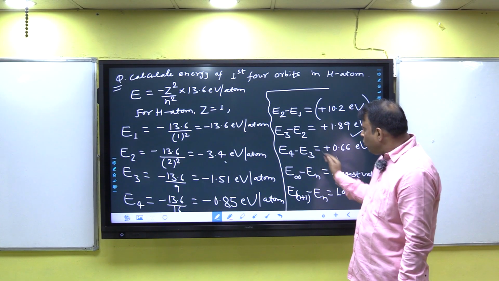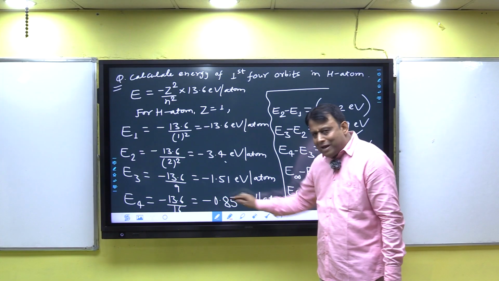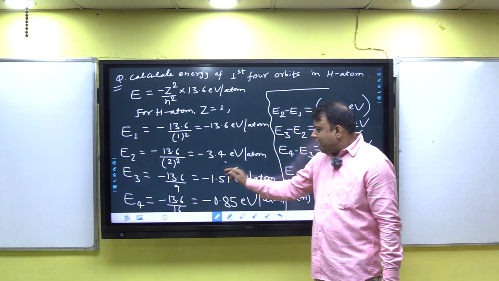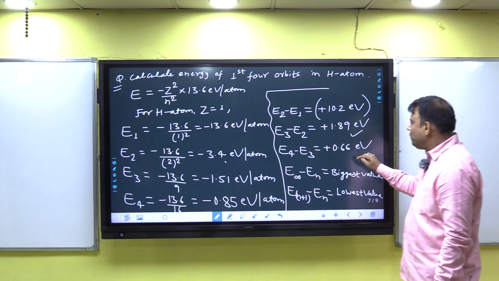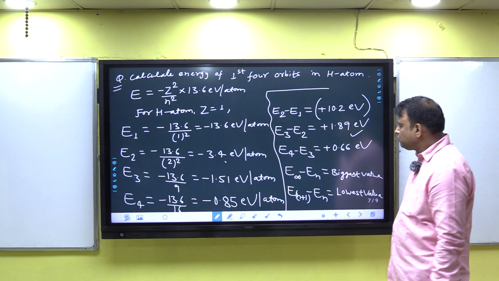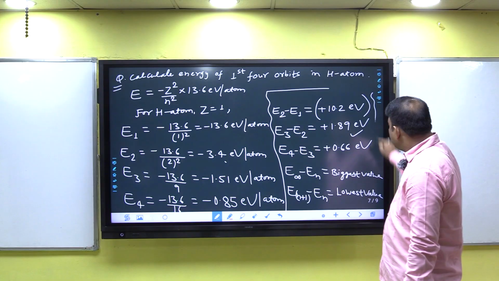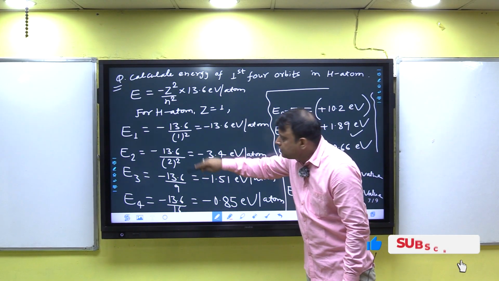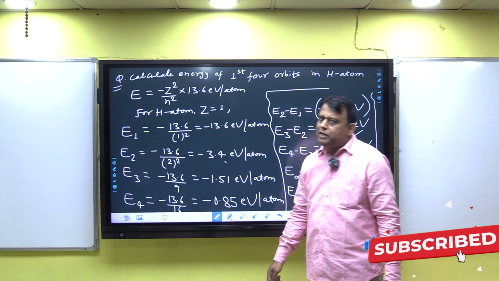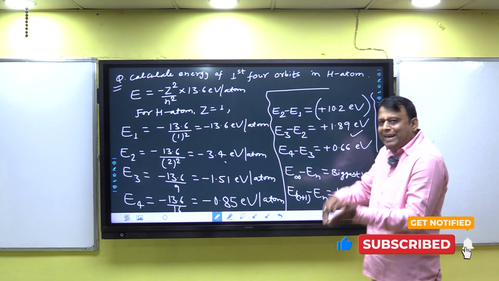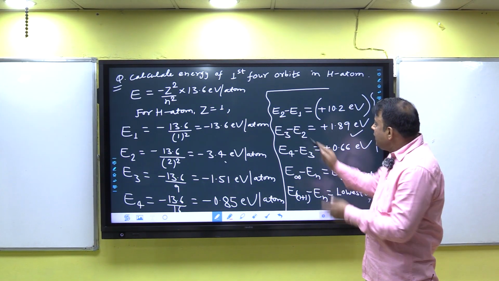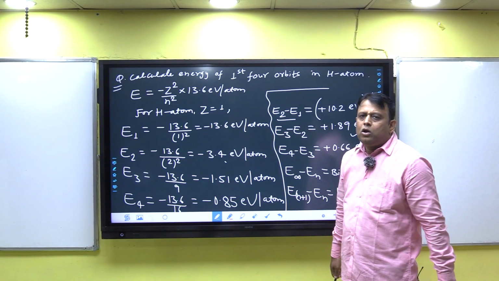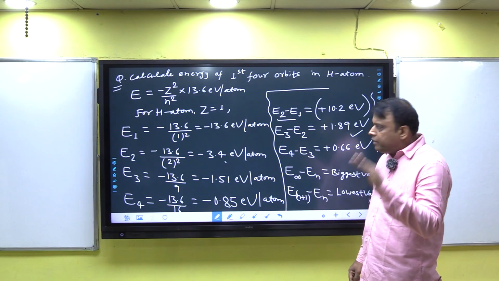and E4 minus E3, that means minus 0.85 minus of minus 1.51, and after calculation it will be 0.66. And look at the board. When n increases, the energy of the electron increases. But when n increases, the energy difference of two successive orbits decreases.